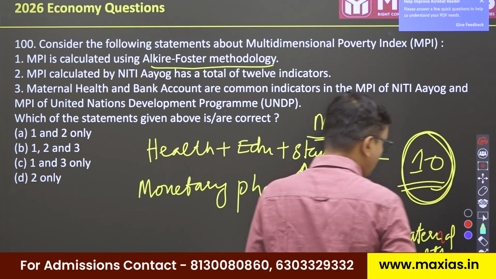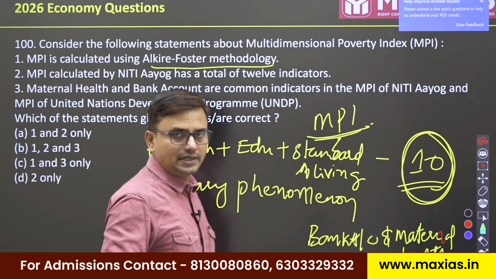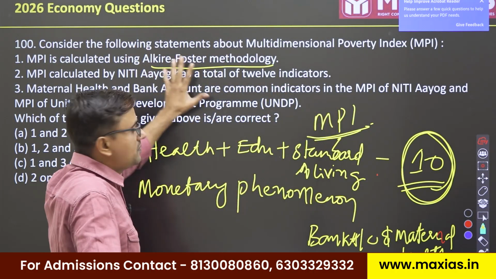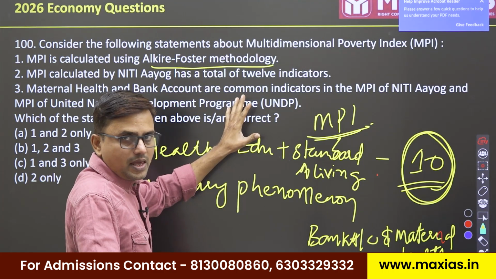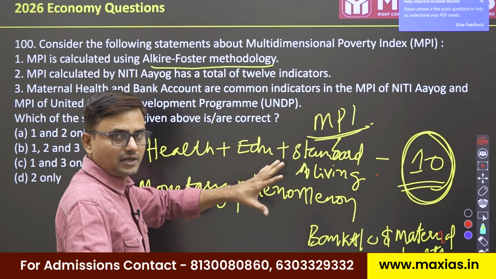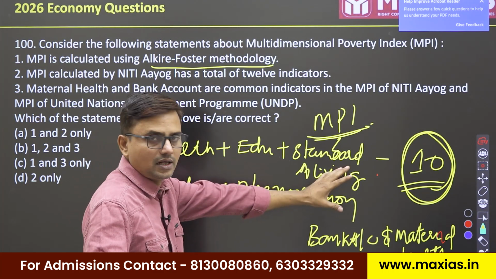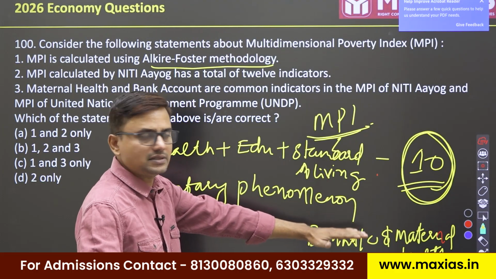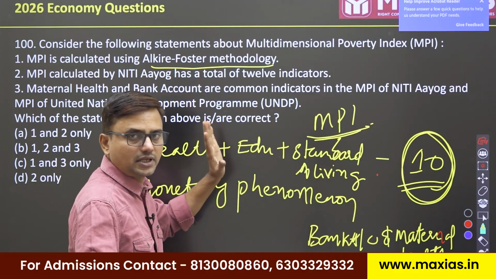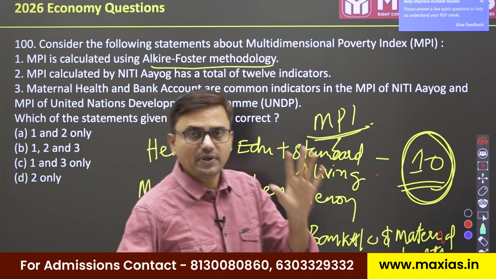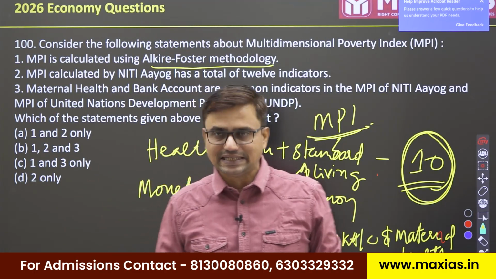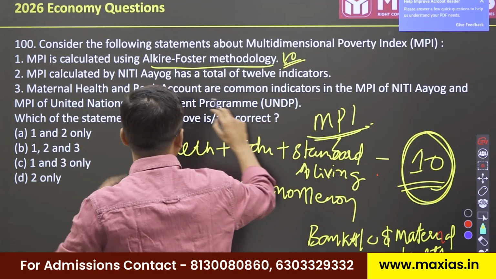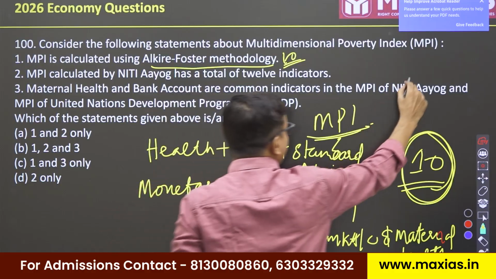MPI is calculated using these 10 parameters by the Alkire-Foster methodology. What Niti Aayog has done is that, in addition to these 10, it has also included bank account and maternal health, taking the number to 12. So MPI by Alkire-Foster methodology has 10, and MPI by Niti Aayog has 12.